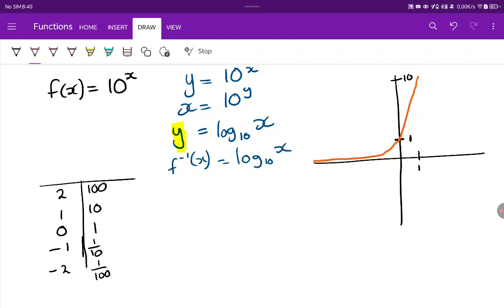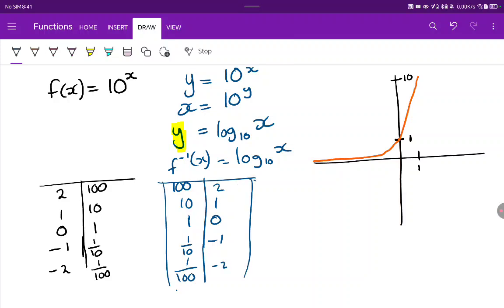Our inverse function is going to be a swapperoo, right? So whatever you had over here for x, you're going to put it for y. So you're going to have 100, 2; 10, 1; 1, 0; 1 over 10, negative 1; and 1 over 100, negative 2. That would be your inverse function.